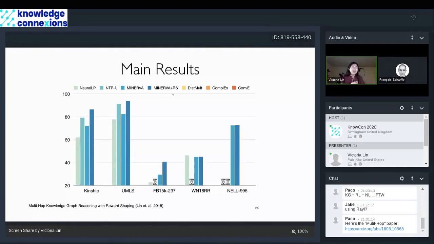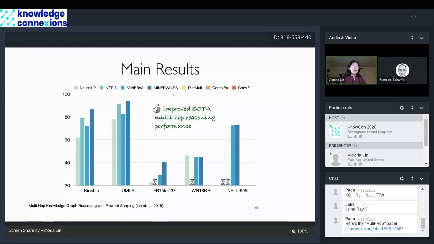And because this algorithm, given the topic entity, simply runs a search instead of doing candidate answer enumeration, for example, it is very scalable. As shown here, several previous algorithms couldn't scale up to large-scale knowledge graphs.